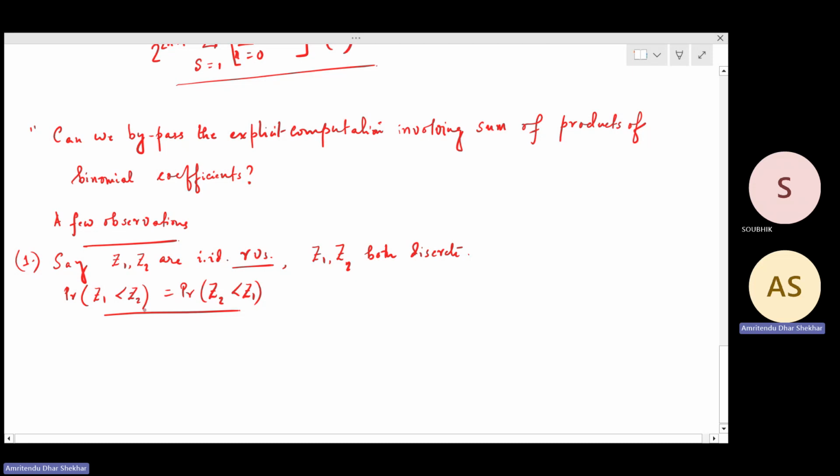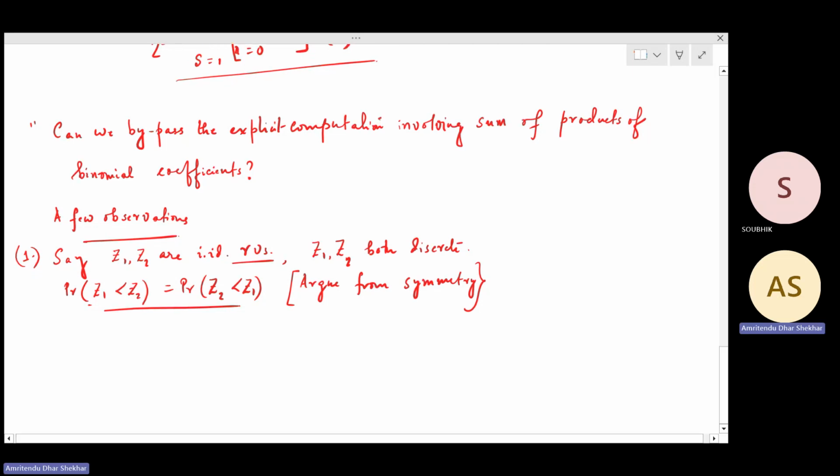Then the probability that I get more heads than you is actually the probability that you get more heads than me. So there's a symmetry, and you can argue this from symmetry. Z1 and Z2 are independent and identically distributed, so by symmetry the probability of Z1 being smaller than Z2 equals the probability of Z2 being smaller than Z1.